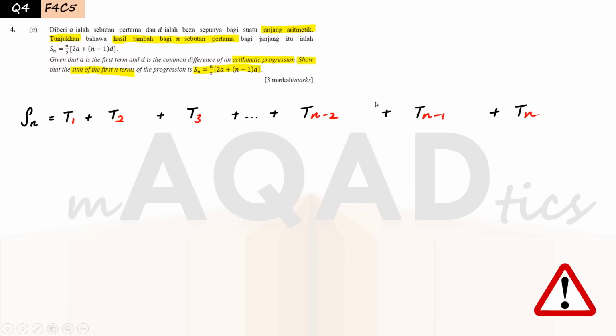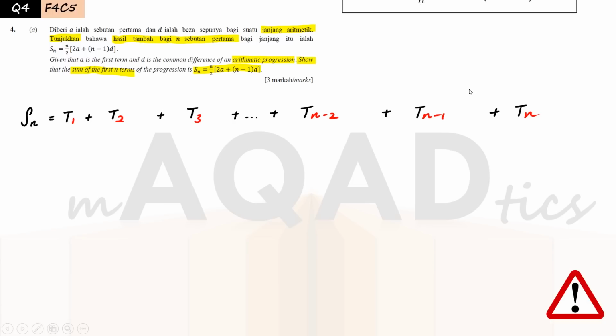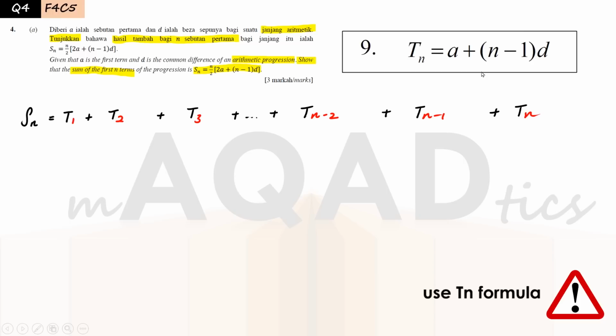Now to prove it, what we are going to do is transform each of the t's here by using the formula for tn. For example, for t1, the value of n is 1, so here would be a plus 1 minus 1 times d, and 1 minus 1 is 0, so it would be just a.